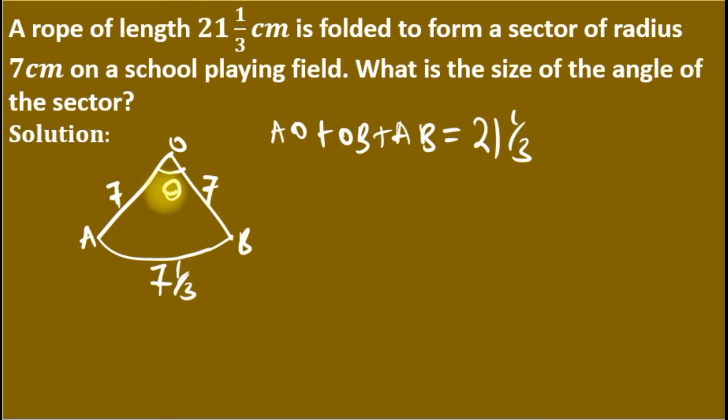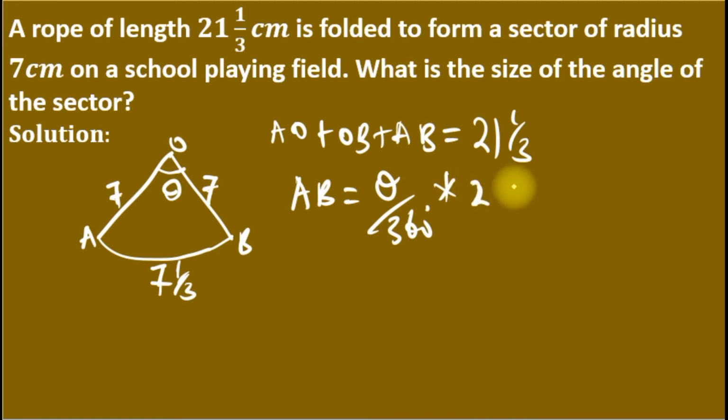So to find this, we now use length of arc. Remember, AB is theta over 360 times 2 pi r. Let's use 22 over 7 for pi, times r, which is 7.